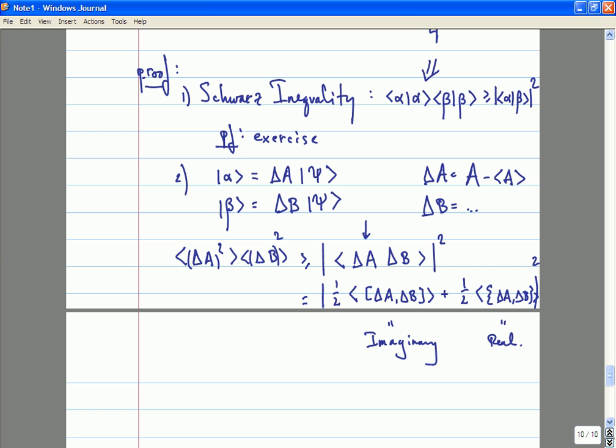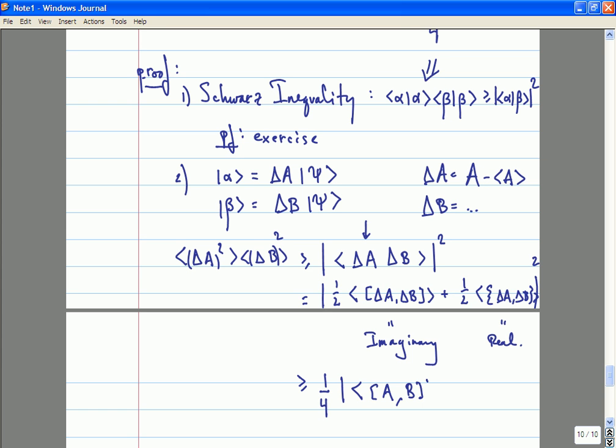So you've got the absolute value squared of an imaginary plus a real quantity, which is always greater than or equal to just the square of that imaginary part, which is 1/4 times the square of the expectation value of the commutator of A with B. Of delta A with delta B. But the difference between A and delta A and B and delta B is, of course, just a number.